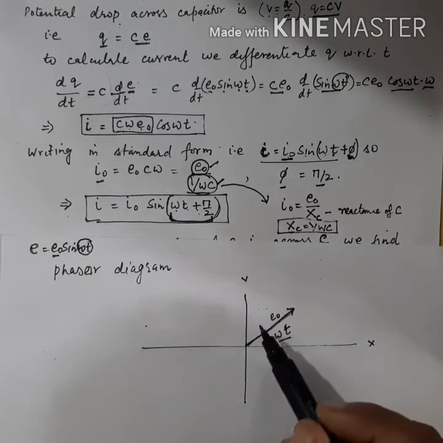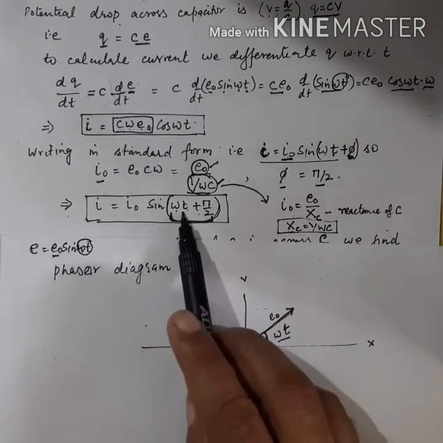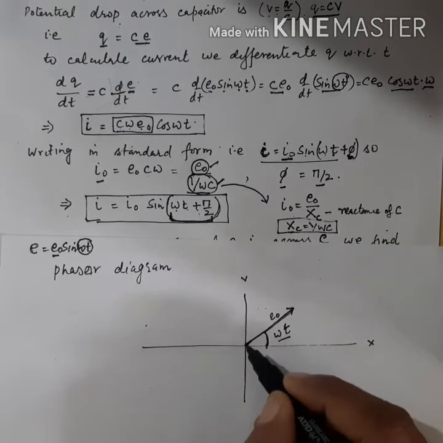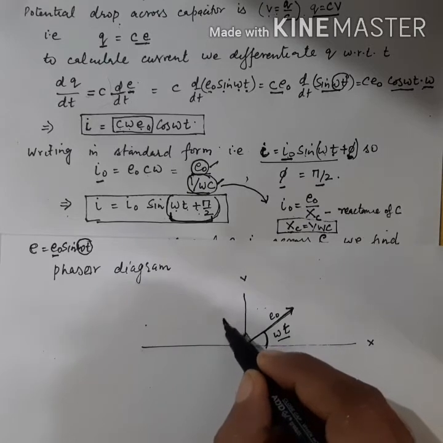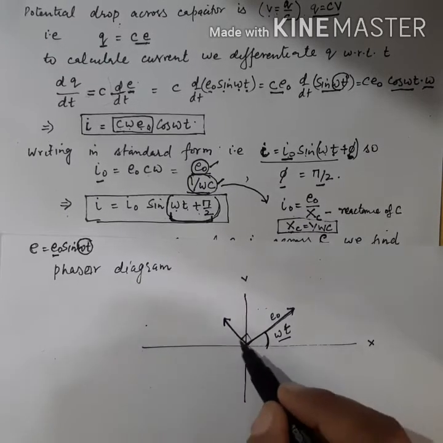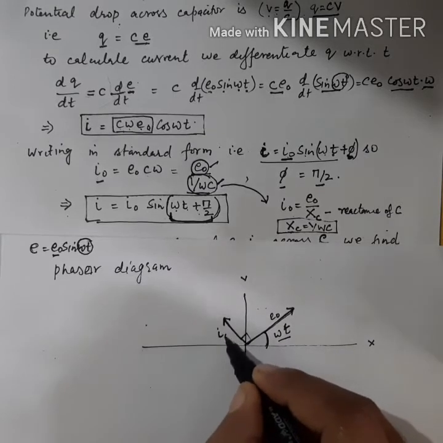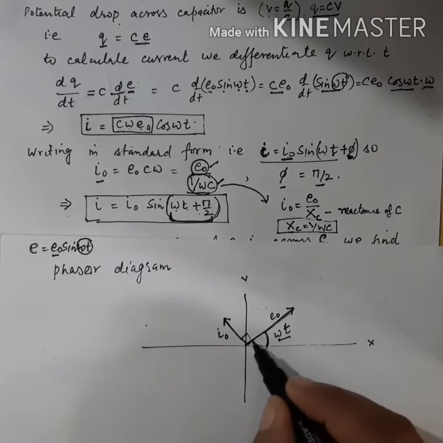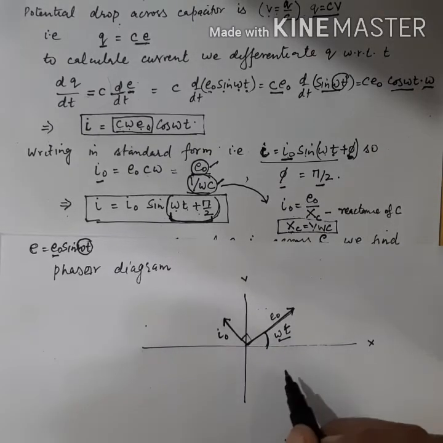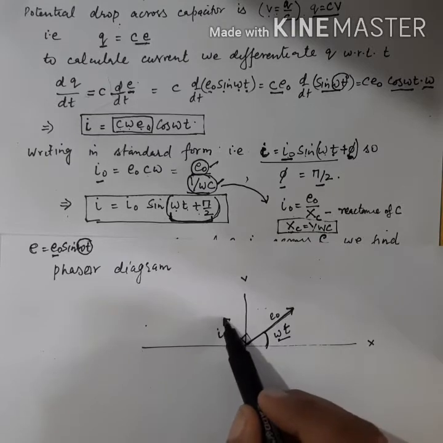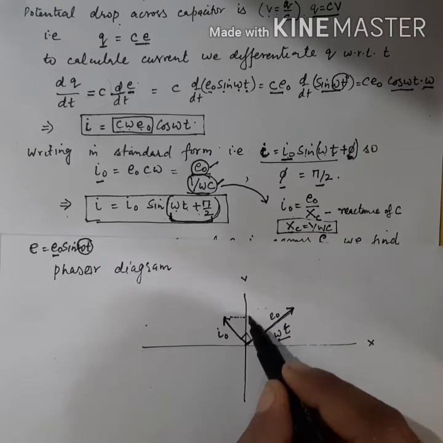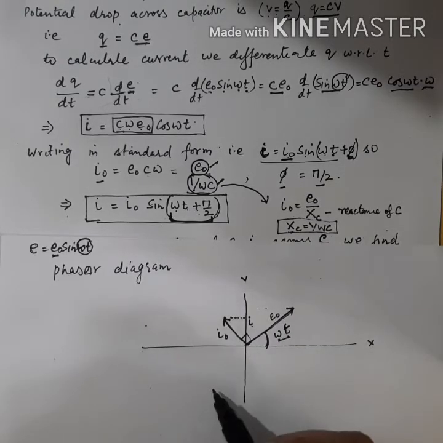So here your phase is more by pi by 2, so omega t is already there, plus pi by 2. So this is your pi by 2. This is our current arrow, and the length of this arrow represents the peak value, and the angle it makes, that is omega t plus pi by 2, represents its phase, and the projection on the y-axis represents its instantaneous value, meaning the value of the current at this time.